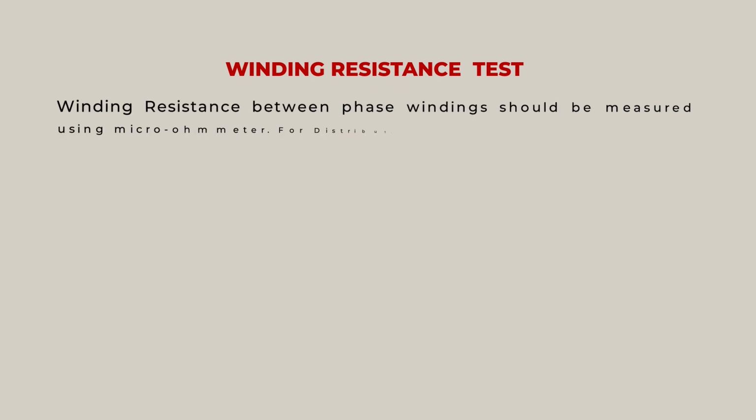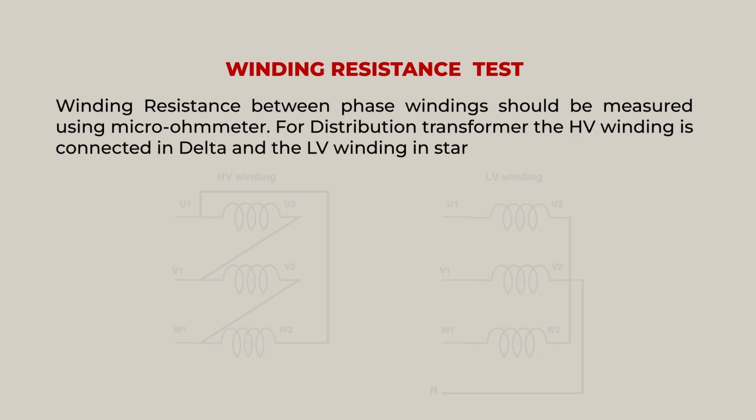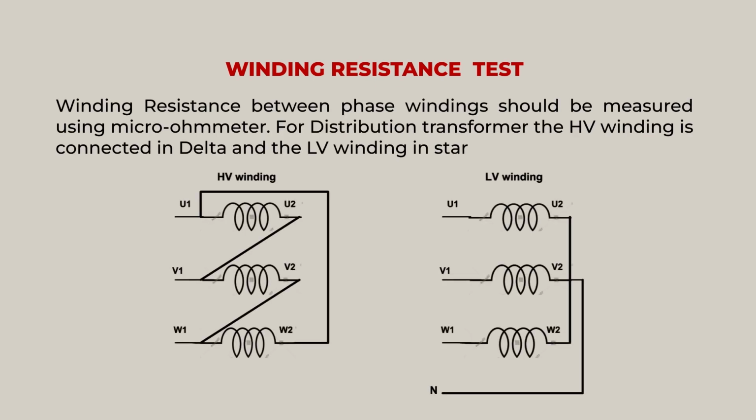Then comes the next test, the winding resistance test. Winding resistance between phase windings should be measured using a micro ohm meter. For a distribution transformer, the high voltage winding is connected in delta and the low voltage winding is connected in star, as you can see from the figure.